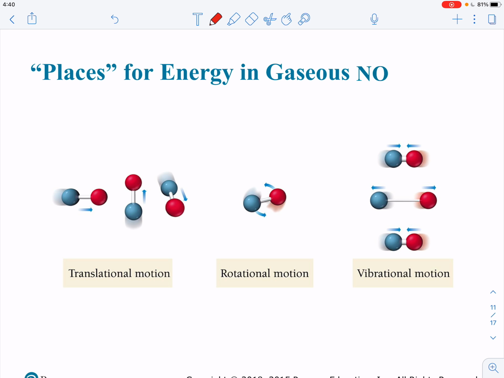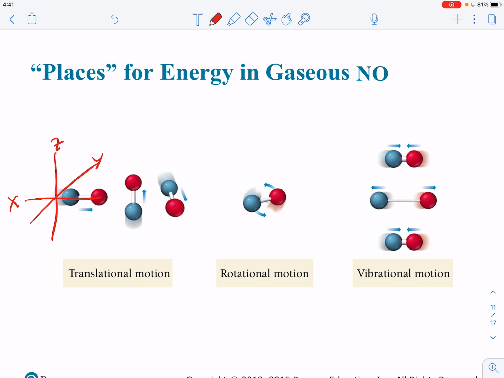So what are we looking at here? Okay, things that we have to consider when we are looking at a molecule. They have translational motion. That means, let's say if you look at the X, Y, Z axes, how that molecule is moving along those axes.